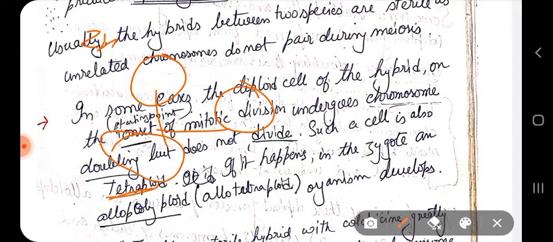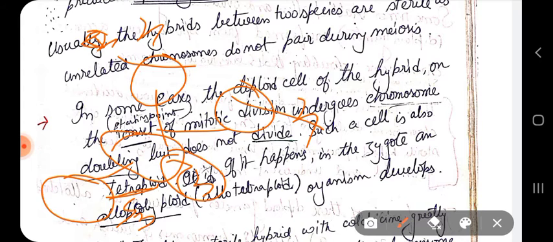If this hybrid cell, taken from different species, undergoes chromosome doubling to form 4n, that will be called allotetraploid or allopolyploidy.